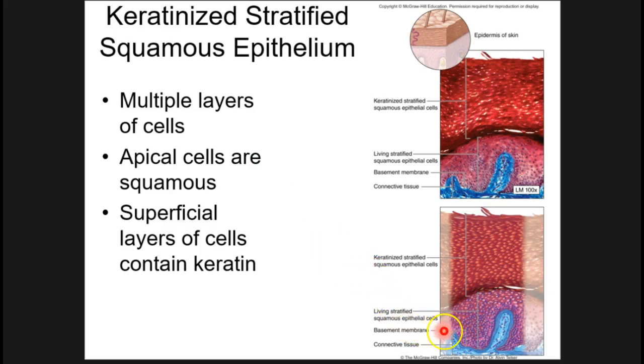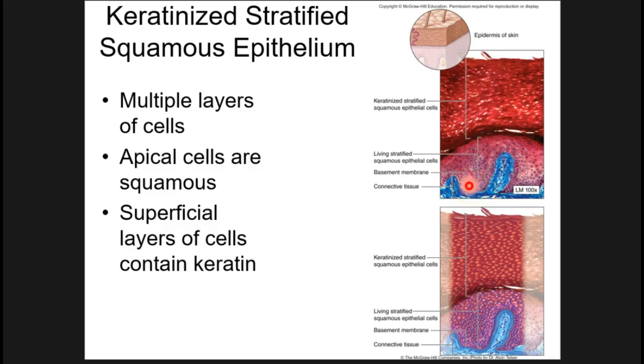So the basement membrane's down here, and then you look for the dark purple dots, which again, this is a different stain, so it looks really different. There are many, many layers.